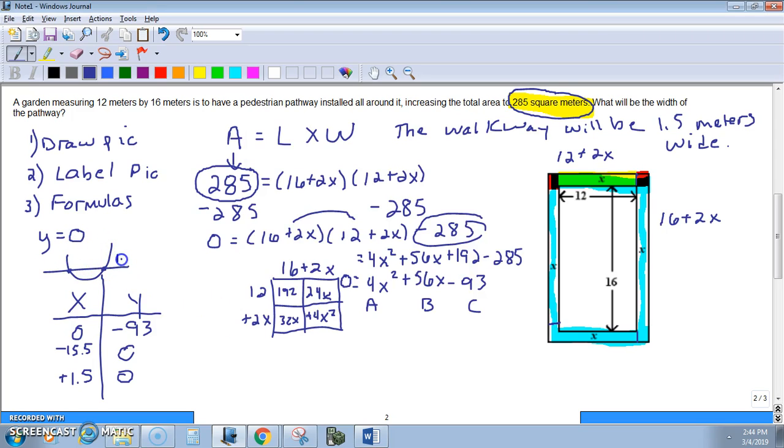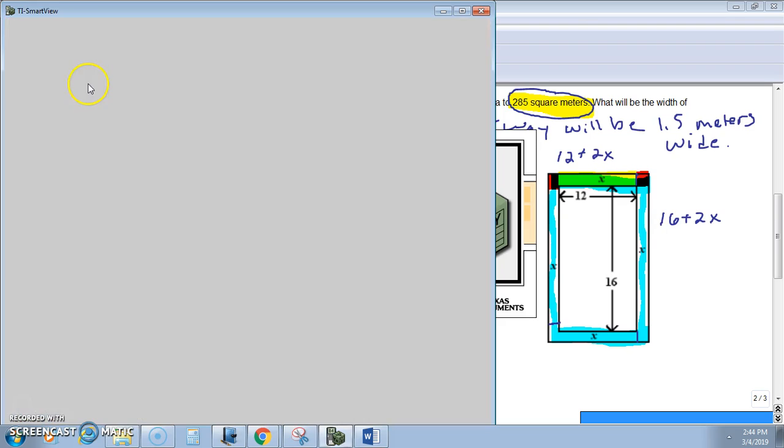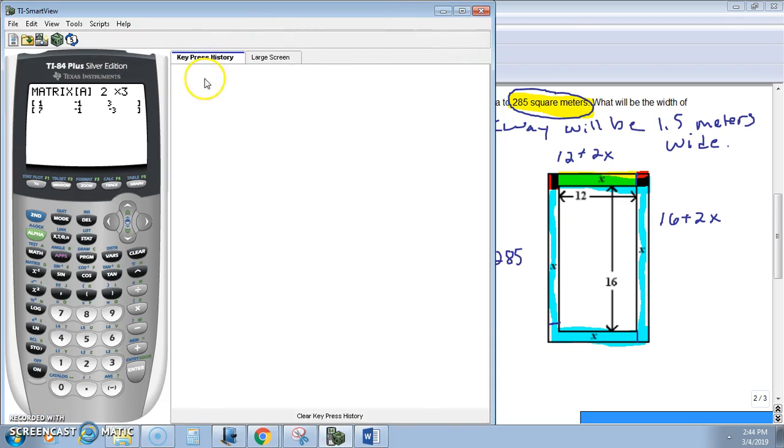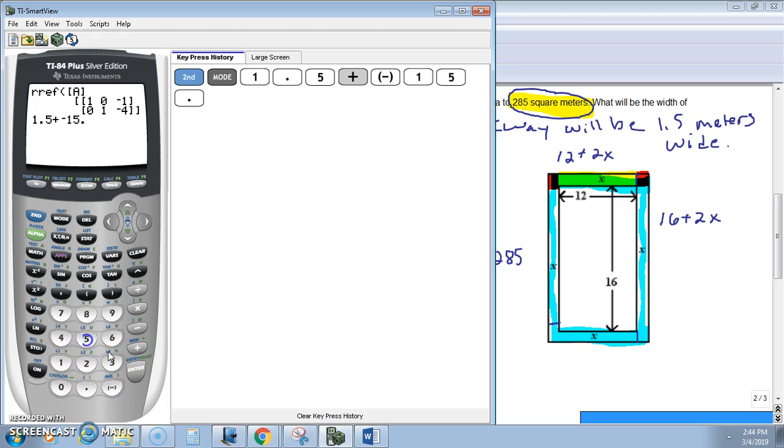So if we want to sketch our graph from it, which we've had plenty of practice. All right, what was I just trying to do? The average of 1.5 plus negative 15.5, enter, divided by 2. You have to enter first for order of operations, negative 7. So that's our x value.